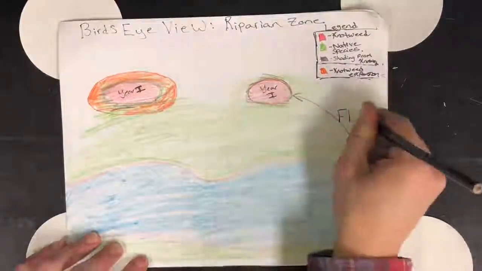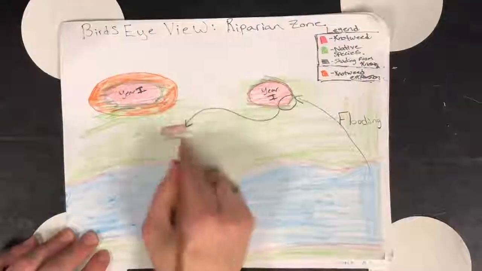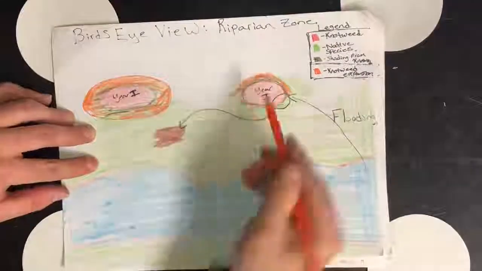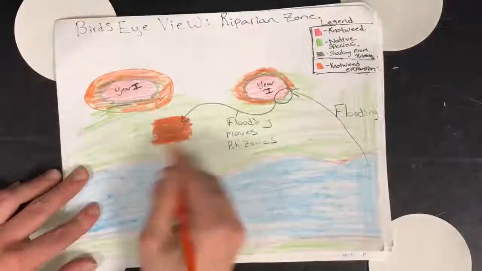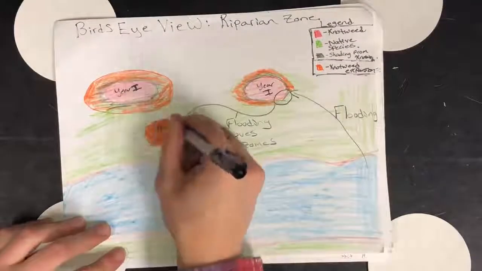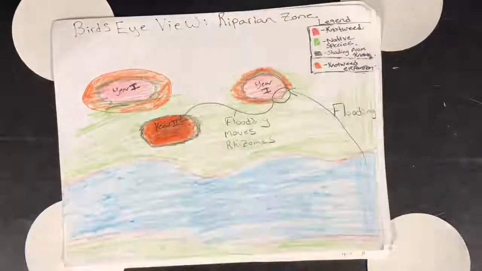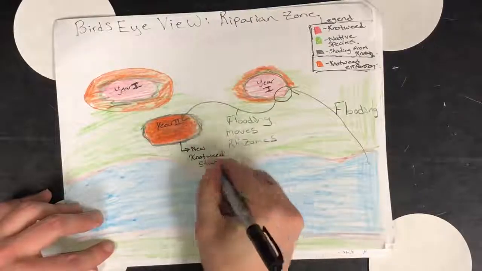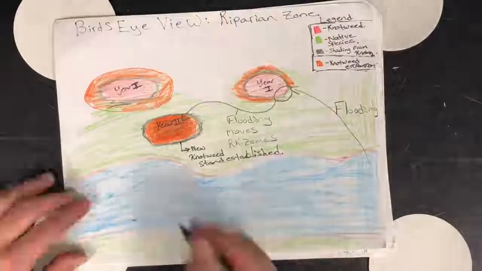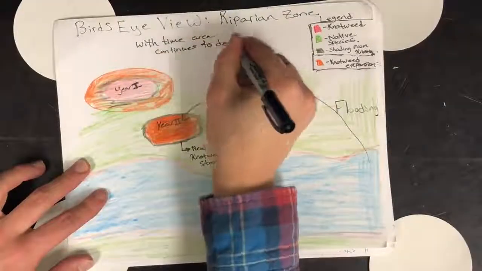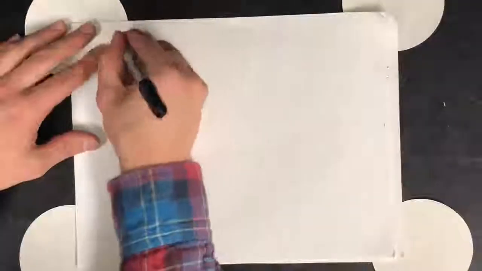However, when flooding comes along, it may break off chunks of that rhizome, and along with that soil being tilled up by that flooding action, knotweed rhizomes may have a chance to become established and dominate another part of the riparian zone. And year after year, this can become something of an issue, as the knotweed will almost always win out in a growing competition.